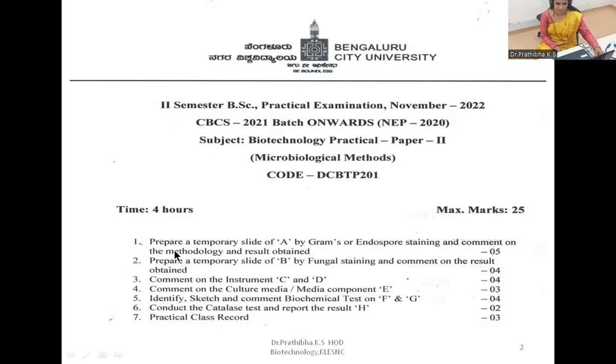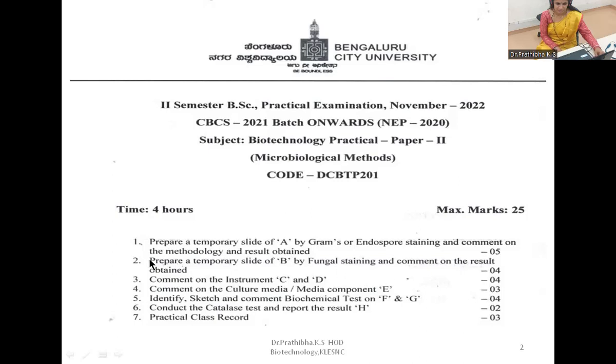Okay. Question number 1. Prepare a temporary slide of A by Gram or endospore staining and comment on the methodology and result obtained. Here all the question numbers are given with samples A, B, C, D, E, F, G and H. This question number 1 answer carries 5 marks.